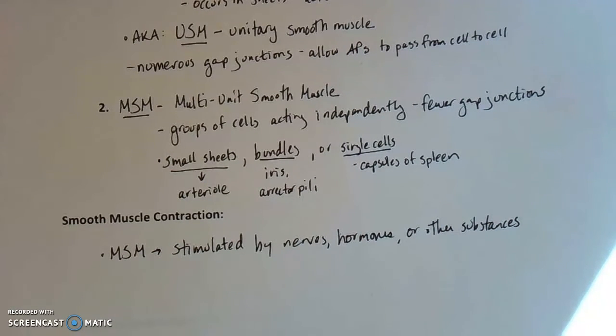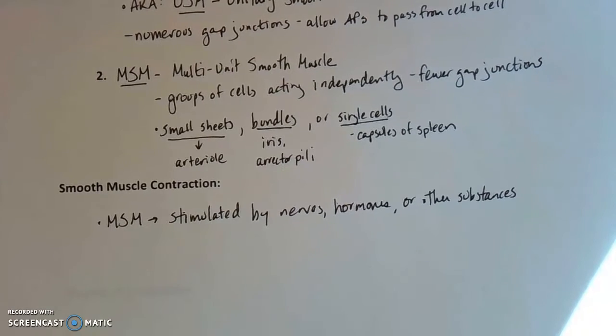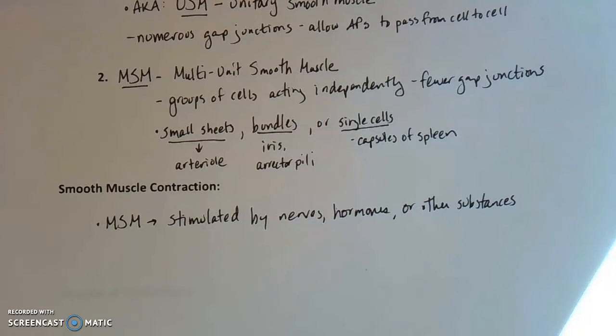So with this, we have other nervous systems that help control this smooth muscle. So this is not a motor neuron. These are going to be things like the autonomic nervous system, which we talked about earlier in a previous chapter.